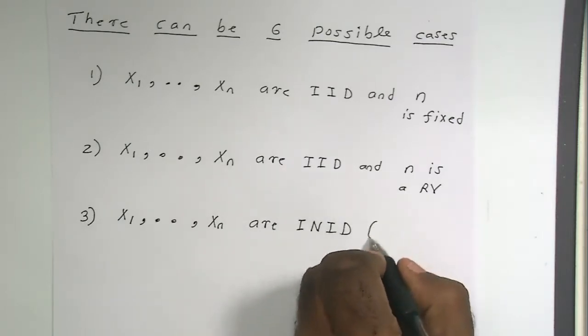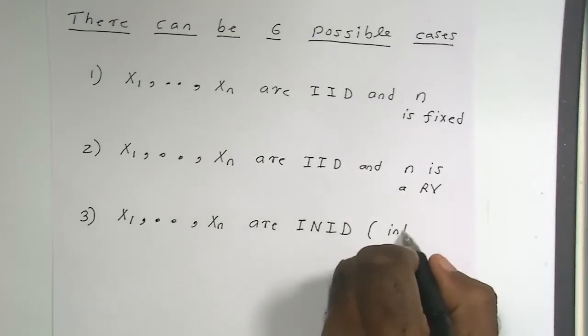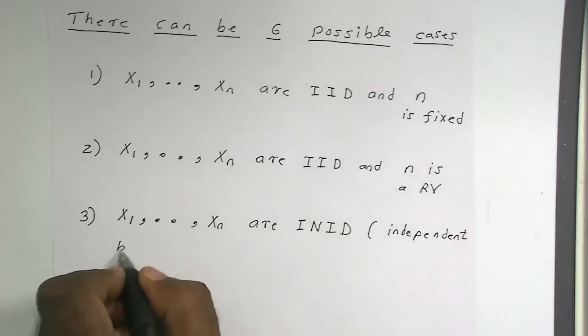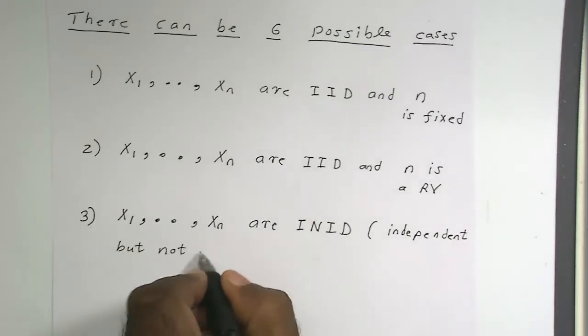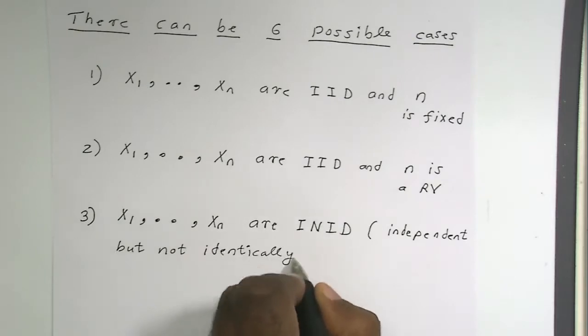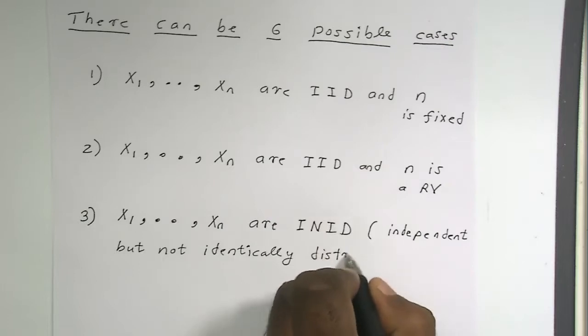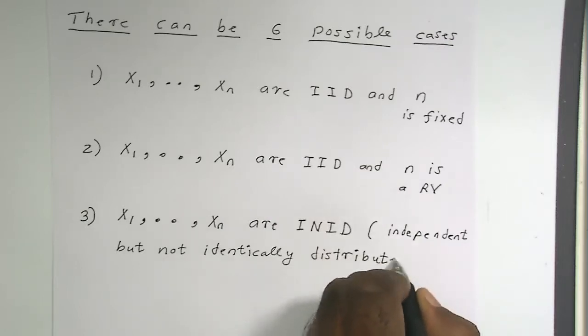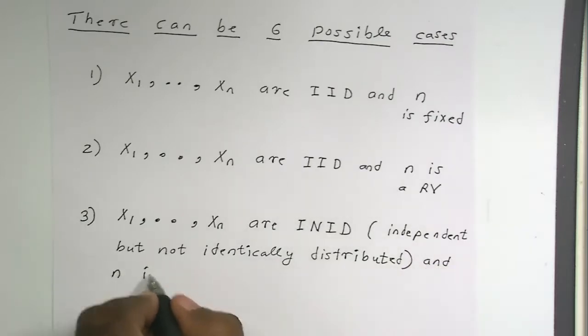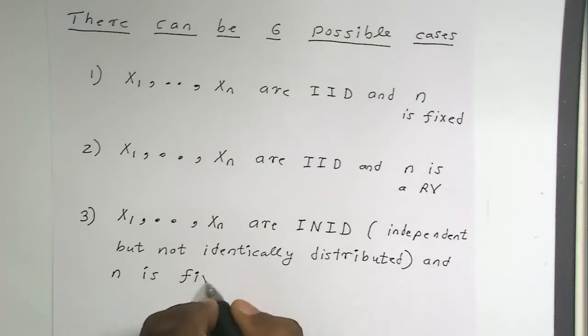It means, right. So I and ID means that they are independent but not identically distributed, right?